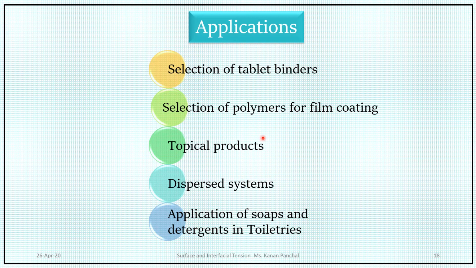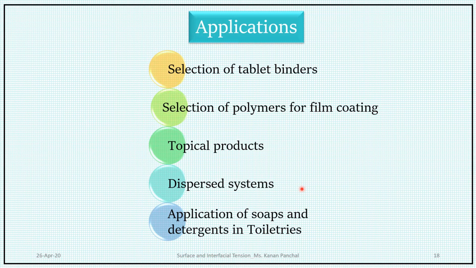Topical agents. Again, how well is your product going to spread over the surface of the skin? Or what agents are you going to use to enhance that spreading? Or what agents are you going to use as permeation enhancers? All of that is required in topical products. Next is dispersed systems like your emulsions and suspensions.